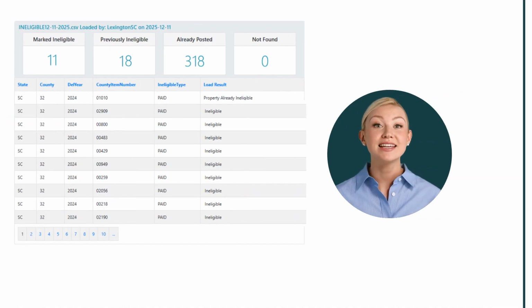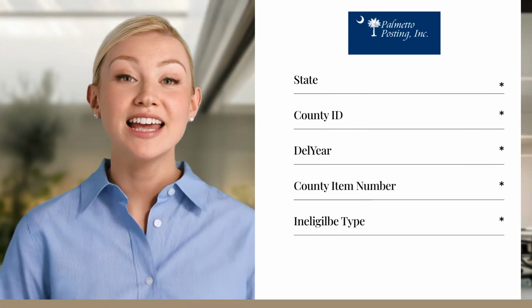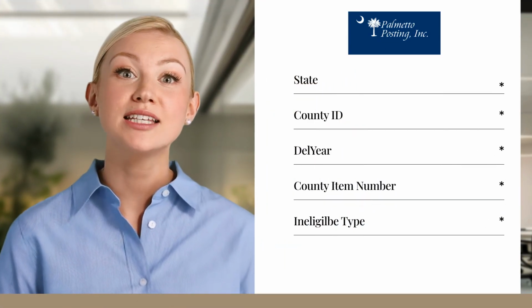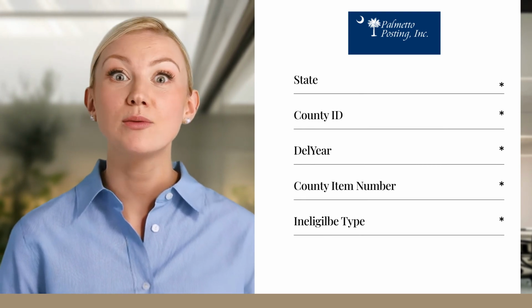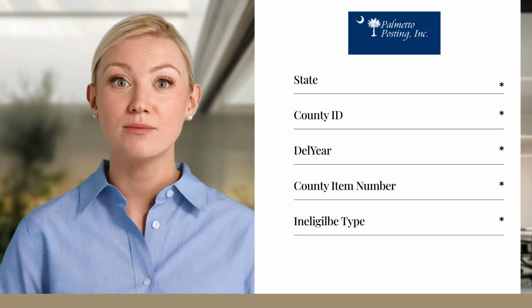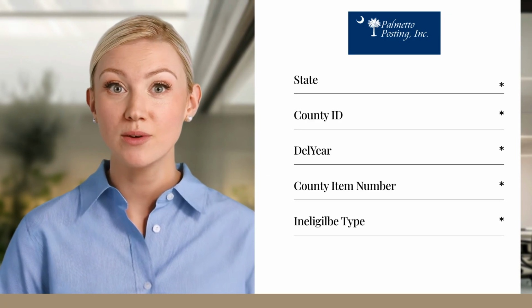To load the newly created ineligible file, you will need to log on at postingpro.net with your username and password. When creating an ineligible file, you need to keep in mind the date of when you send us the original delinquent tax sale file and run your report to include that date until current. Be advised that we will only be able to process 500 records at a time with removing properties.